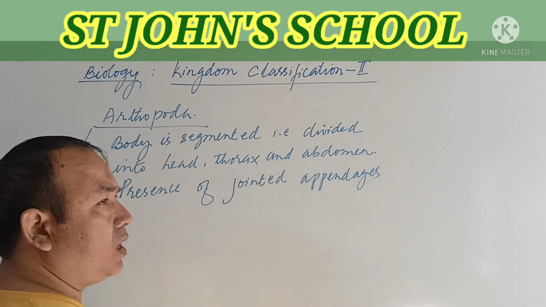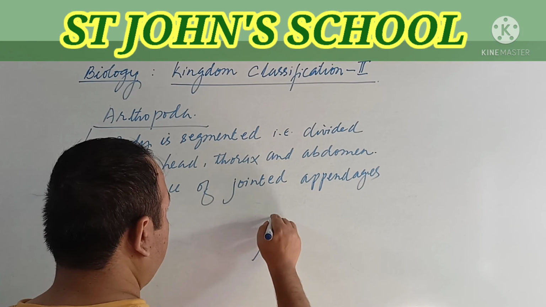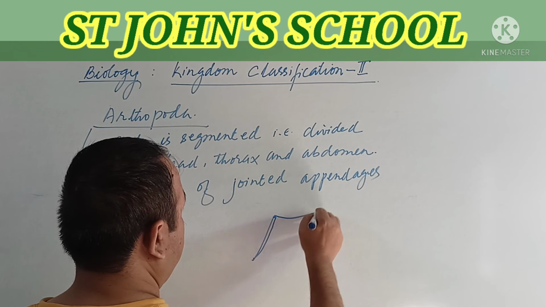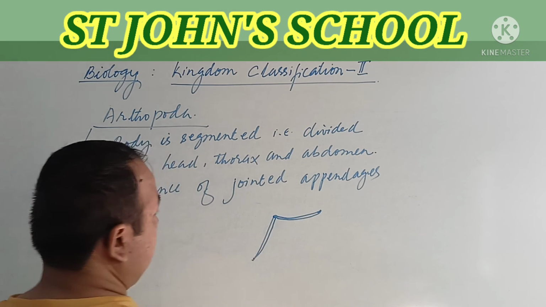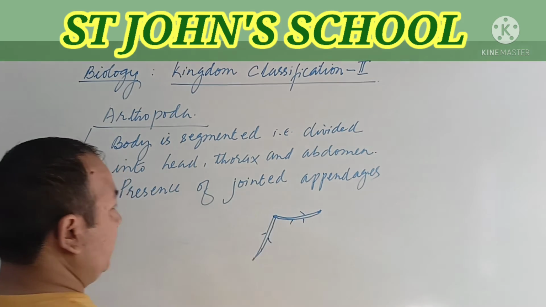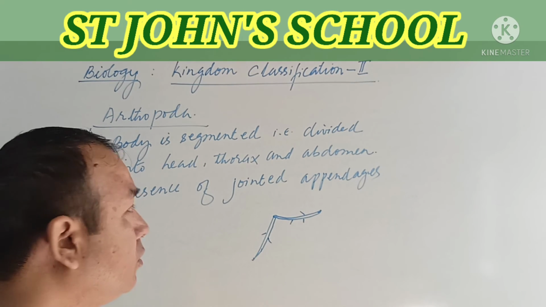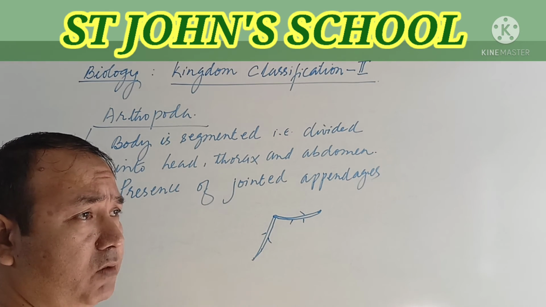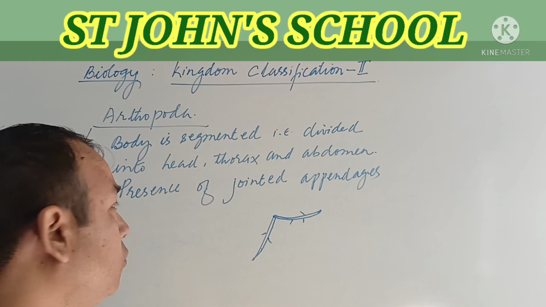Like if you see the mosquito leg properly, the leg is like this, jointed here, then again like this, jointed here. So joints are present. If you see the cockroach also, their legs and hands are usually jointed. So presence of jointed appendages is a very important identifying feature of this group.